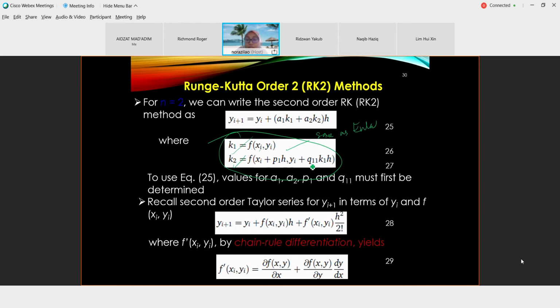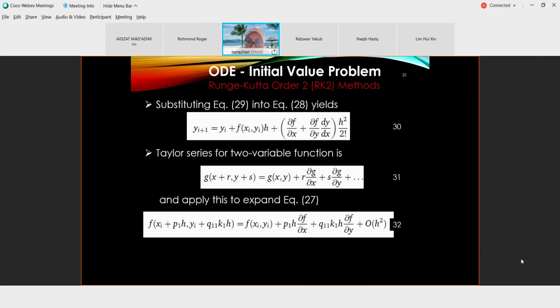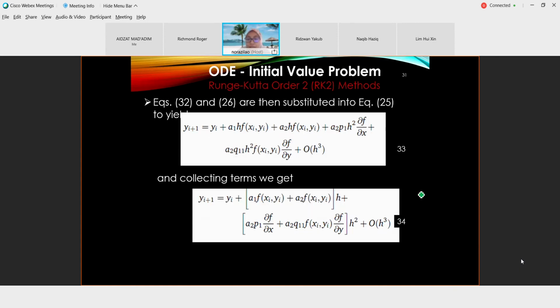How can we deal with all these values? The p value and q11 value are given to students. If we want to use Runge-Kutta order 2, then we give the p1 value and q11 value. Second order Runge-Kutta starts with the derivative, a very long derivative, and then continues with substitution of all those equations until the end.